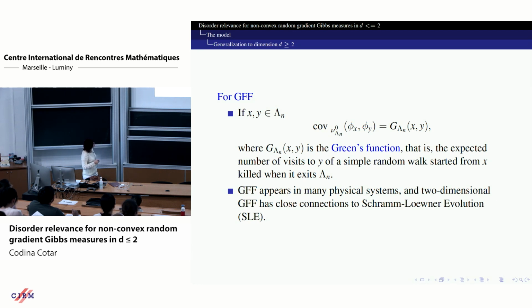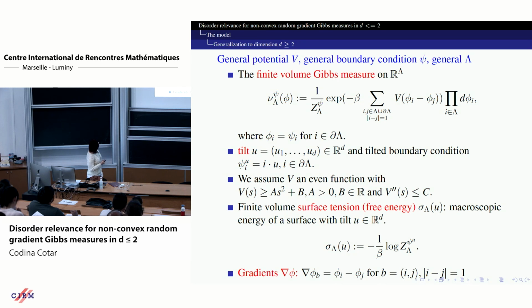Of course, the Gaussian free field appears in many physical systems, and in 2 dimensions it has lots of connections to other kinds of models, for example to SLE, and so it has lots of connections in many directions. I'm not going to discuss that today.